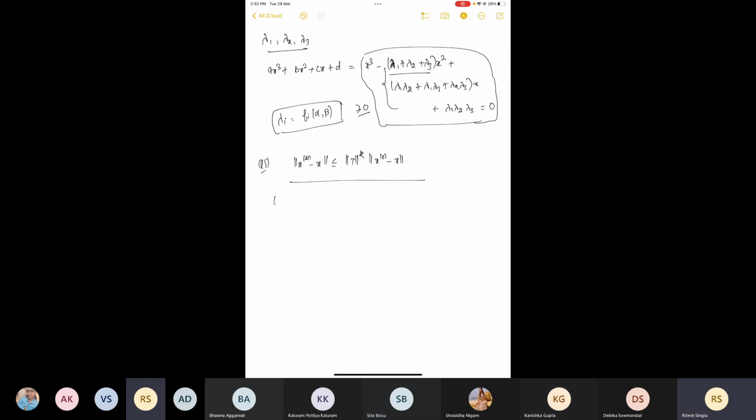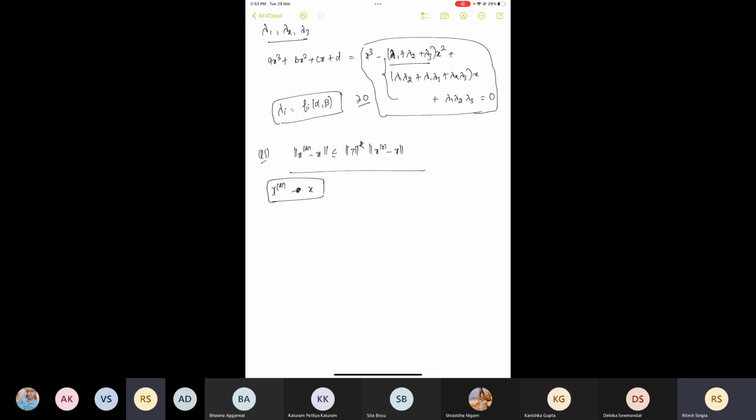For the second part, you have to observe that x_k is converging to x, right? Can you see this? Yes, sir.